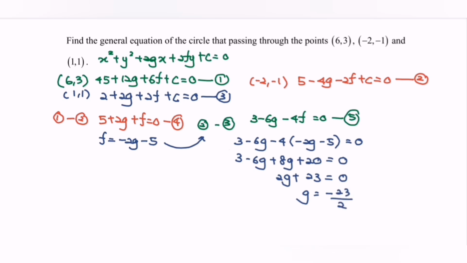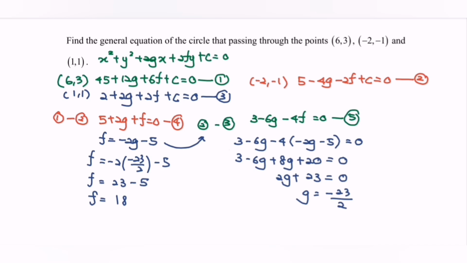Next is to substitute the g into the situation in here. So f is equals to negative 2 multiplied with negative 23 over 2 minus 5. So f is equals to 23 minus 5. So f will be equals to 18. So now we have f is equals to 18 and g is equals to negative 23 over 2.